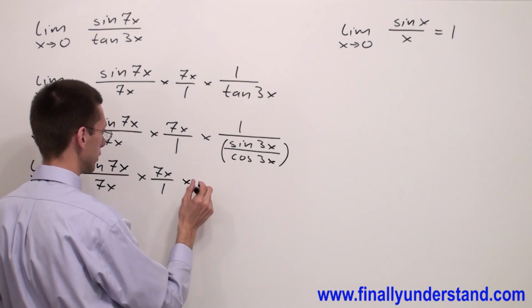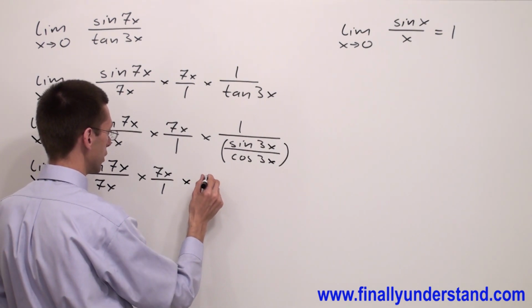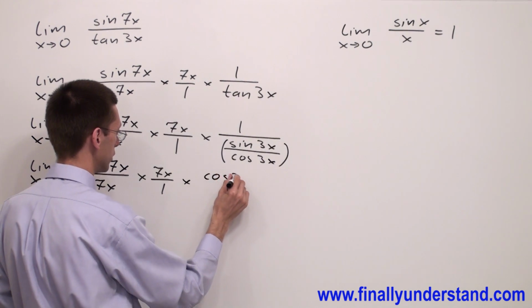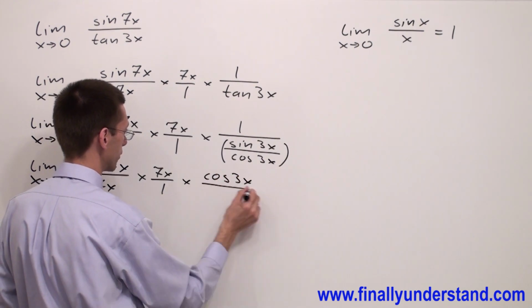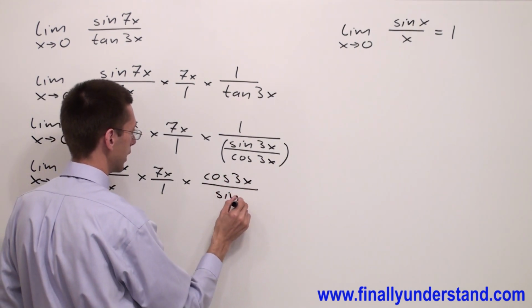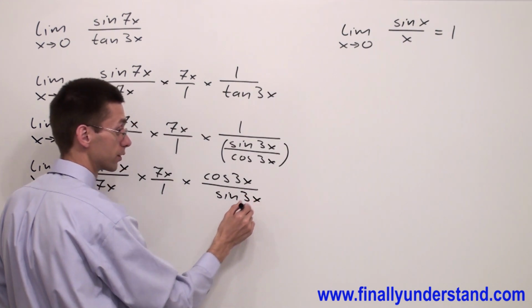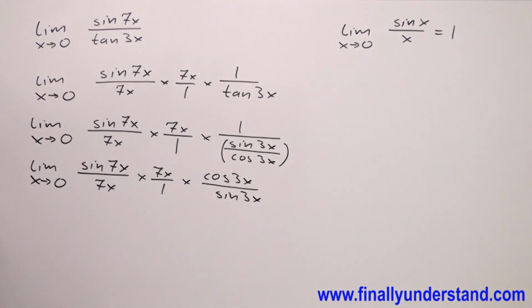That's why I'm going to write this as cosine 3x over sine 3x. Now, what can we do next? Again, let me copy down everything we didn't use, just to make sure that you understand everything step by step.